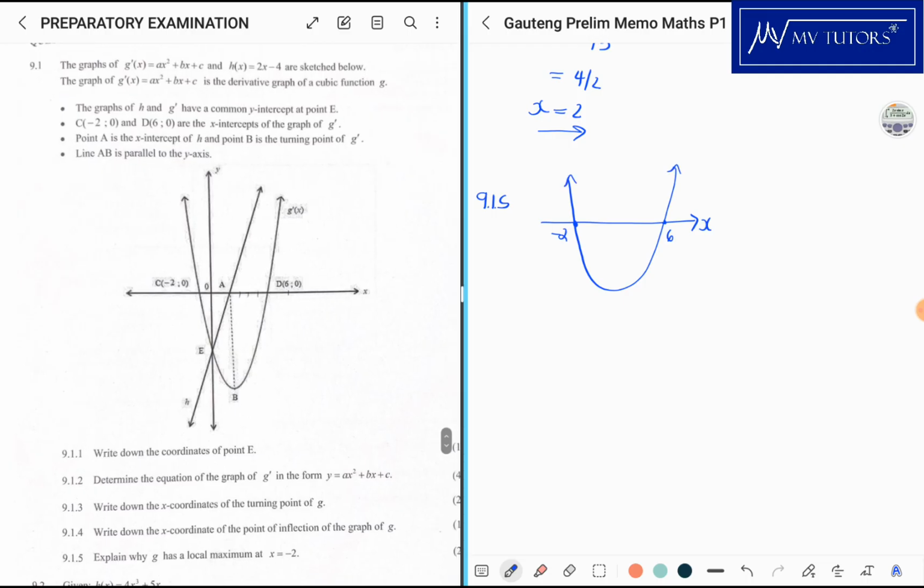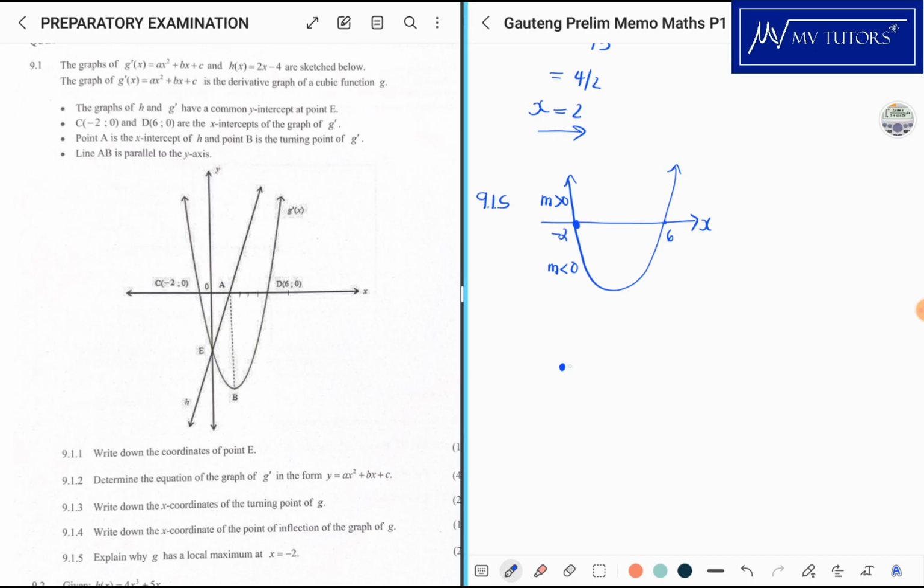The gradient of your original cubic function will be positive above the x-axis, and negative below the x-axis. We know that the x-intercept of the parabola is the turning point of your cubic function.